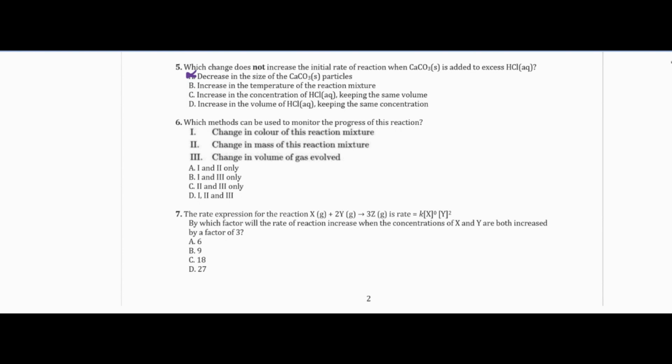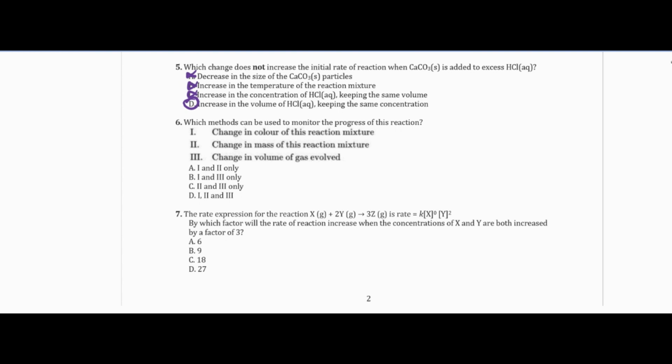Increasing the temperature, again, that would increase the initial rate. Increasing the concentration of hydrochloric acid, nope. Increasing the volume of hydrochloric acid and keeping the same concentration, yes. The initial rate is not affected by volume increases, but rather concentration changes.